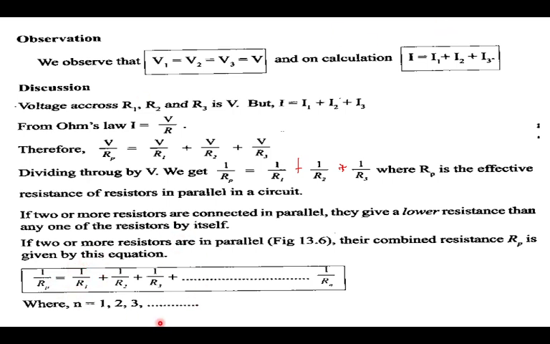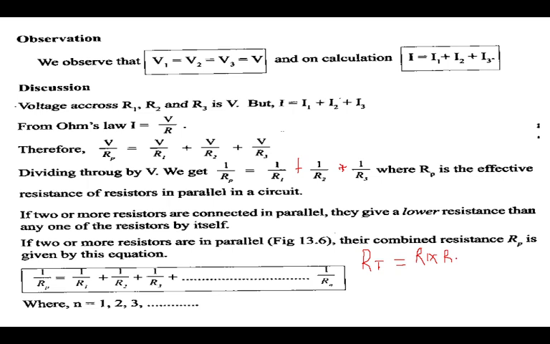In case you are given two resistors in parallel, you may not have to use this equation. There's a shortcut. It's simply R total is equal to the product over sum. So in this case, it will be R1 multiplied by R2 divided by the sum of these resistors.